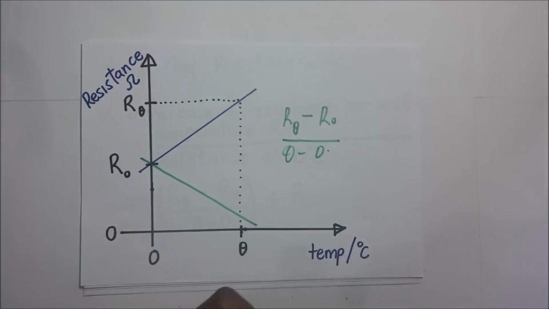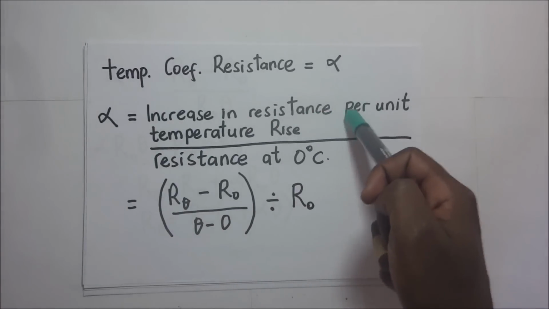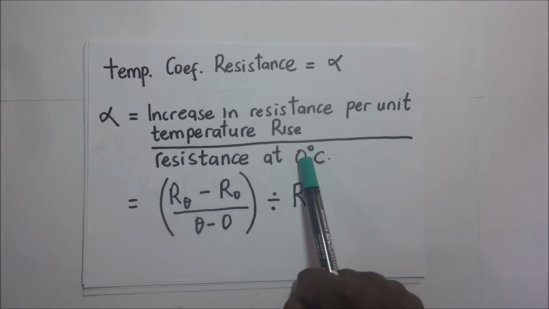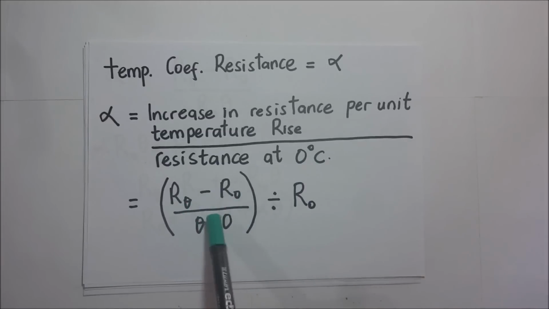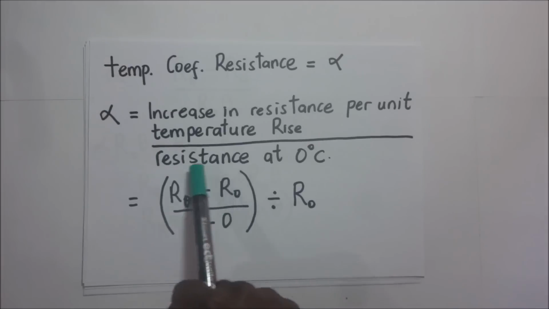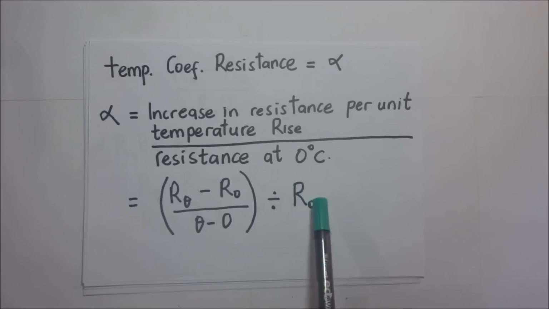So this is the statement: the increase in resistance divided by the unit temperature rise, divided by the resistance at 0 degrees Celsius, and this is how we come up with R theta minus R naught over theta minus 0. You realize this is more like the slope of our graph, divided by the resistance at 0 degrees Celsius.